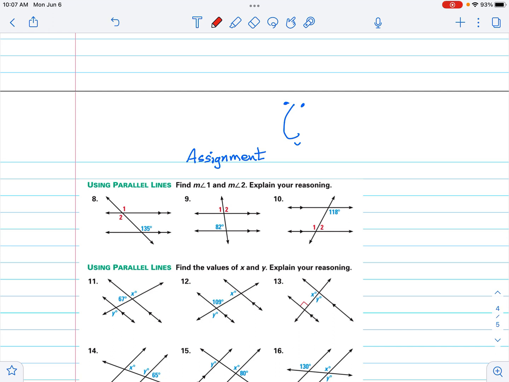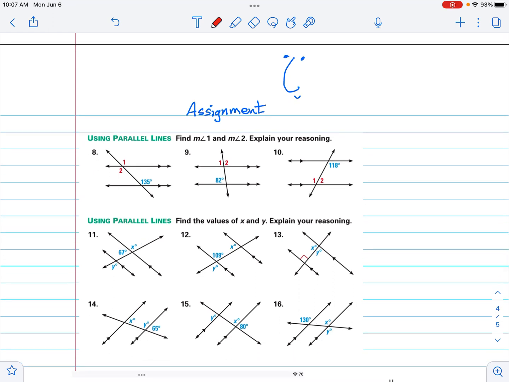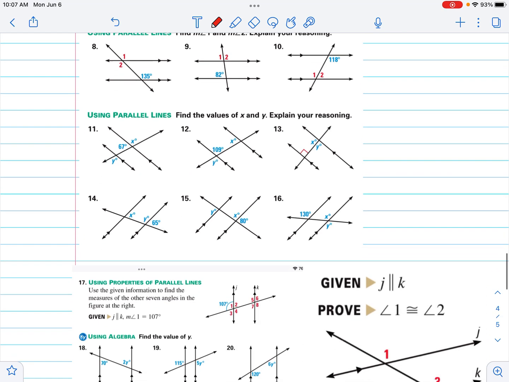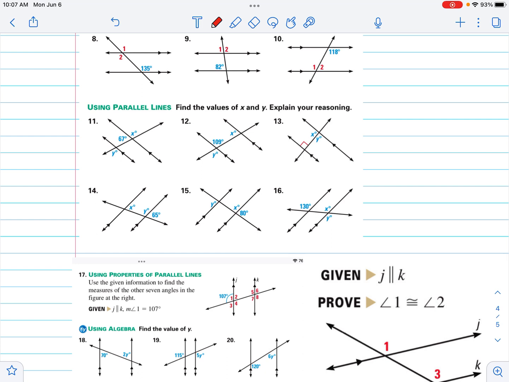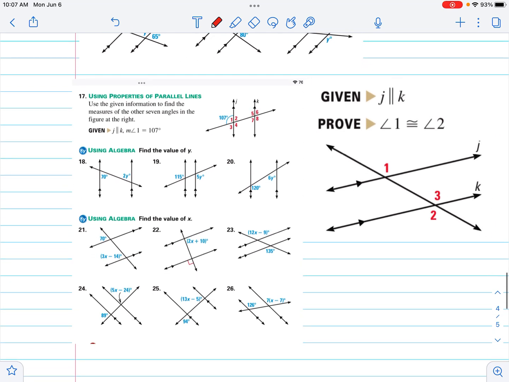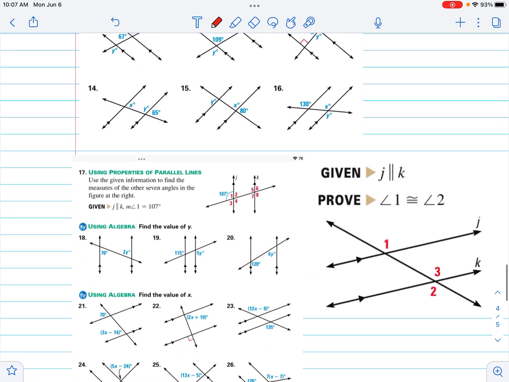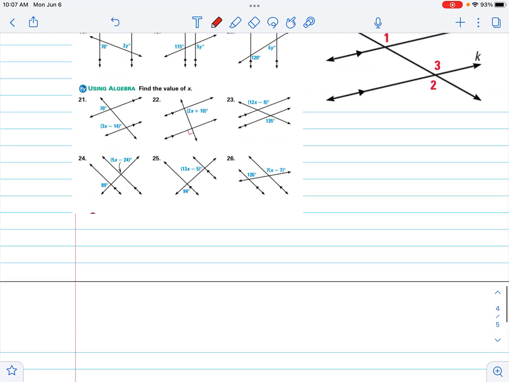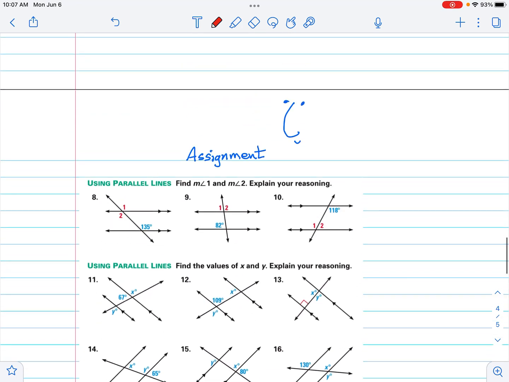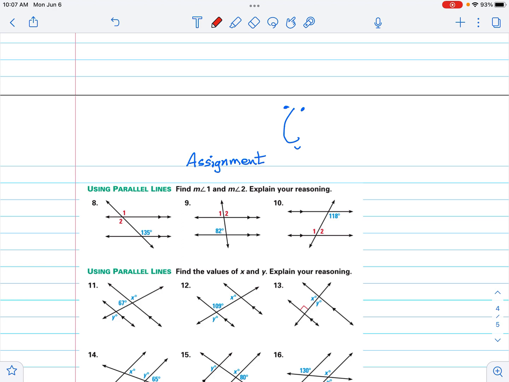And down here in the assignment, you're trying to find angle 1 and 2 on number 8, and 1 and 2 on number 9. So you're just trying to use the properties of parallel lines cut by a transversal, the angles formed, to answer some of these questions. And I threw in a proof for you as a treat. All righty, let me know if you have any difficulties.